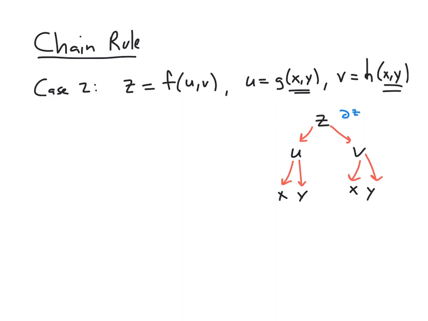So this is del z, del v on the right side, del v, del x, and del v, del y. And on the left side, we have del z, del u, del u, del x, and del u, del y.